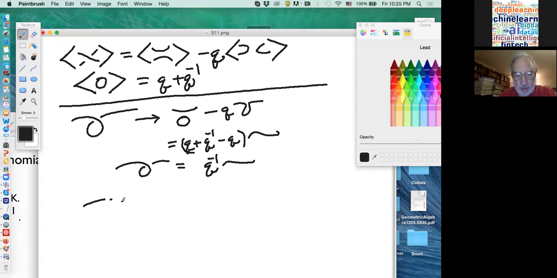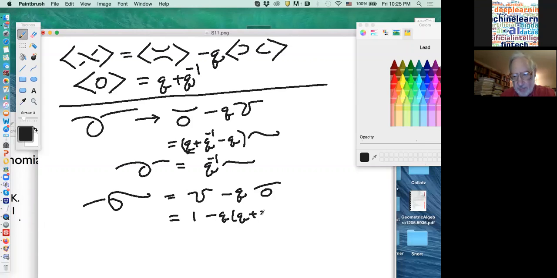And what happens if you add it the other way around, like that? Then the A smoothing would be like that, and the B smoothing would be the other way. And so now we would have 1 minus q times q plus q inverse multiplied by that, which is equal to minus q squared times this. Bit strange, huh?